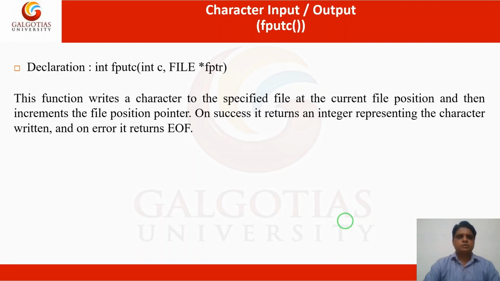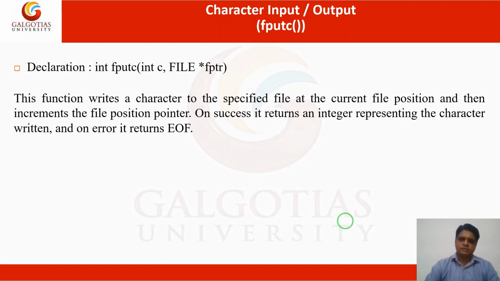So the first one is fputc, file put character. The use of this function is to write a character one by one into the specific file which is pointed to by the file pointer.